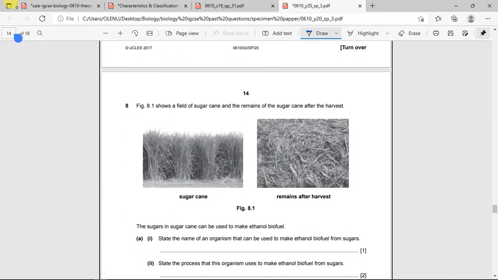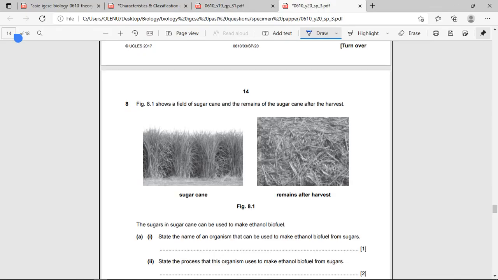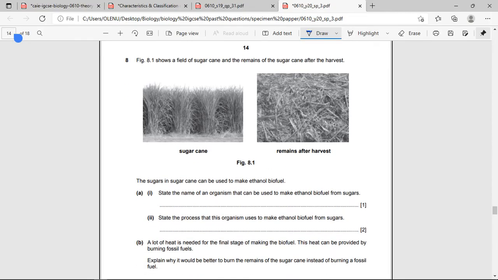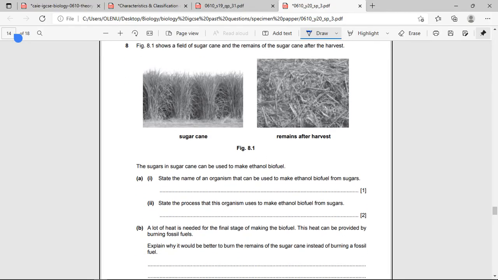Now, figure 8.1. Figure 8.1 shows a field of sugarcane and the remains of the sugarcane after the harvest. The sugars in sugarcane can be used to make ethanol, a type of biofuel.